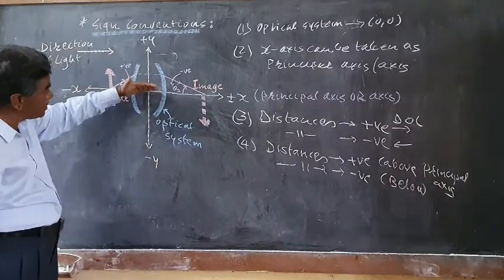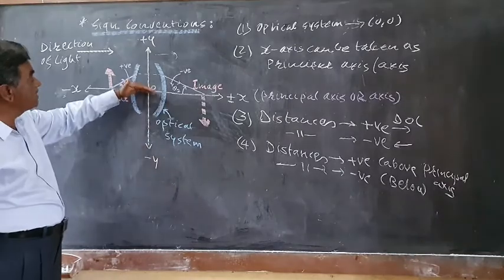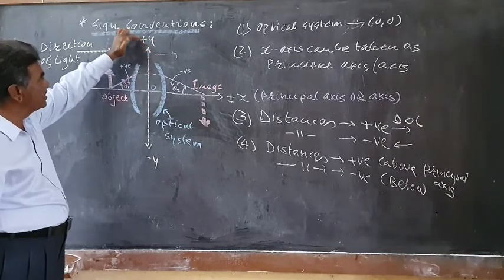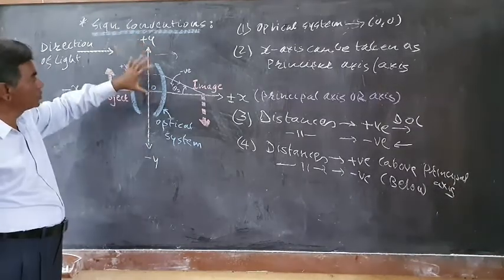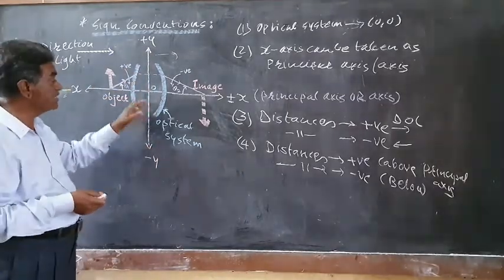Means the distances measured below this axis are negative, and the distances measured above the axis are positive. So the sign convention is in accordance with the geometrical coordinate system.